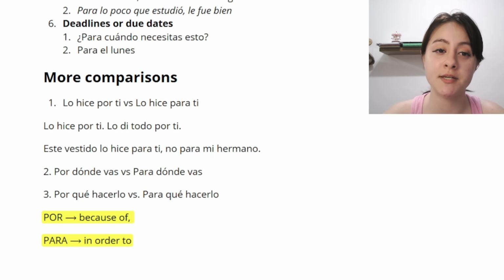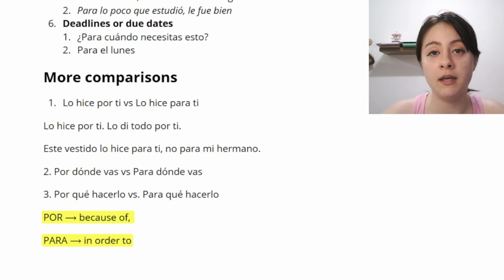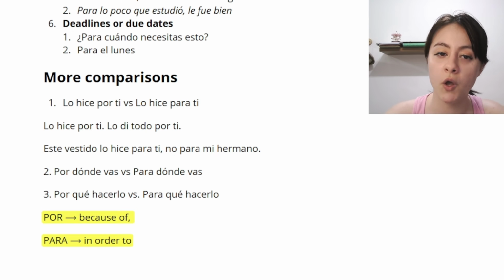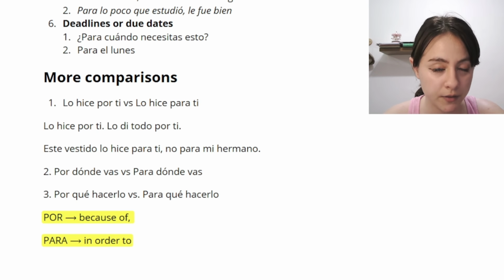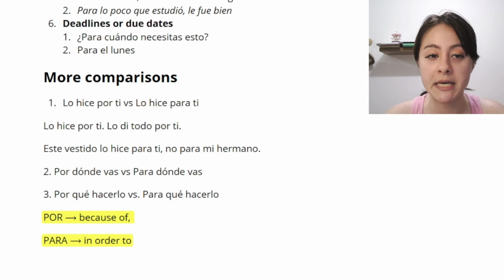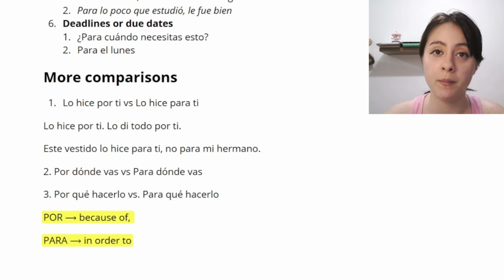So go ahead, pause the video, and come back. So, what's the difference? When you say lo hice por ti, you're giving, again, a reason, a because of. I did this because of you. Well, lo hice para ti implies giving something for someone, kind of like a gift. For example, este vestido lo hice para ti, no para tu hermano.